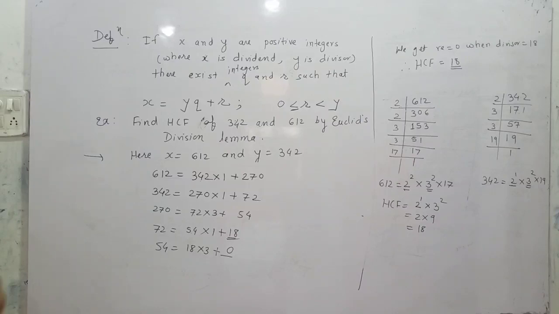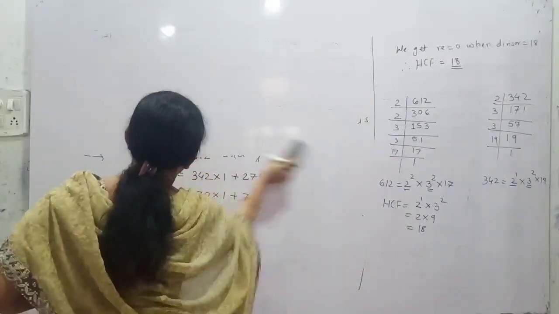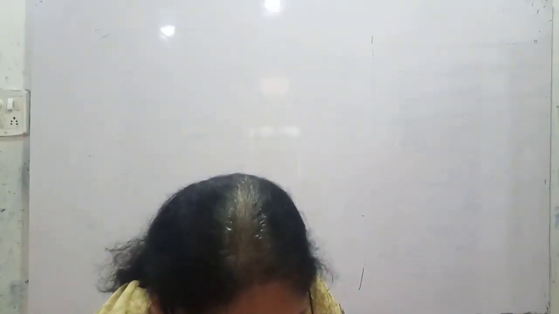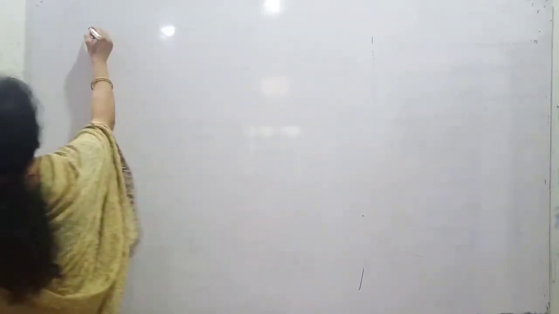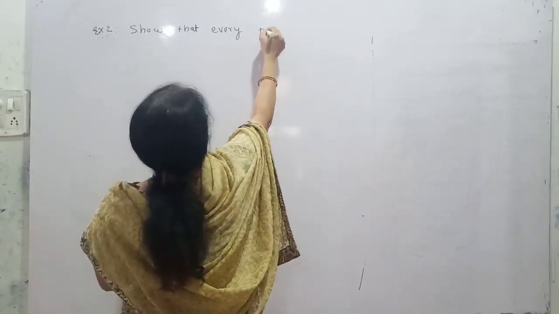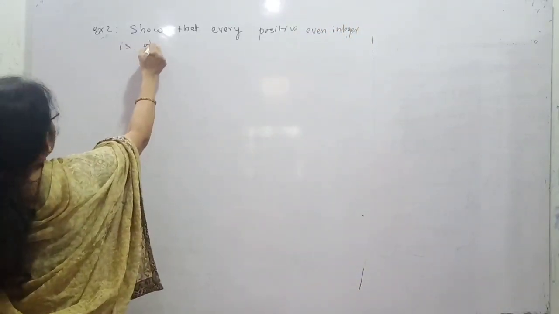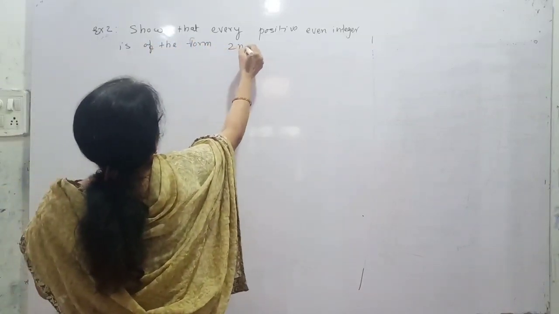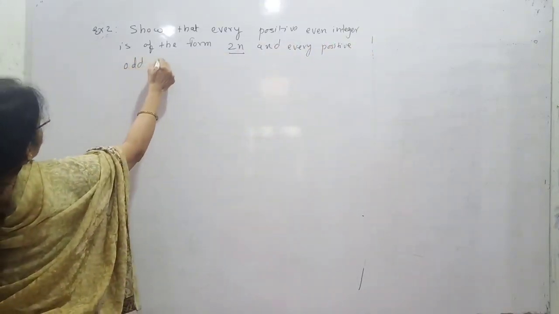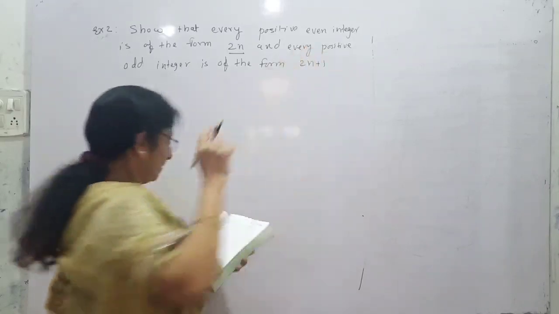Next problem is: show that every positive even integer is of the form 2n and every positive odd integer is of the form 2n plus 1.